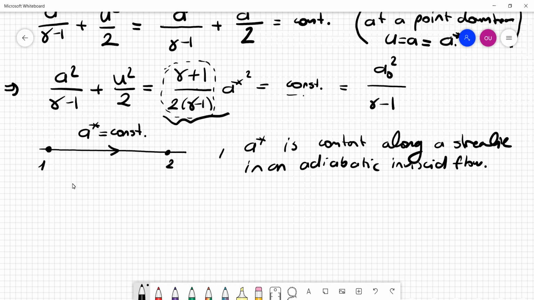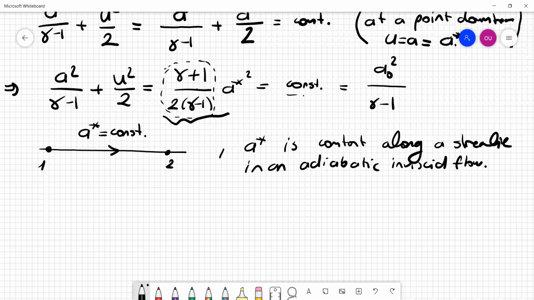These results tell us that, yes, properties will change across a shock wave, air properties, air state, but some properties will not change. So we will make use of this important physical concept.